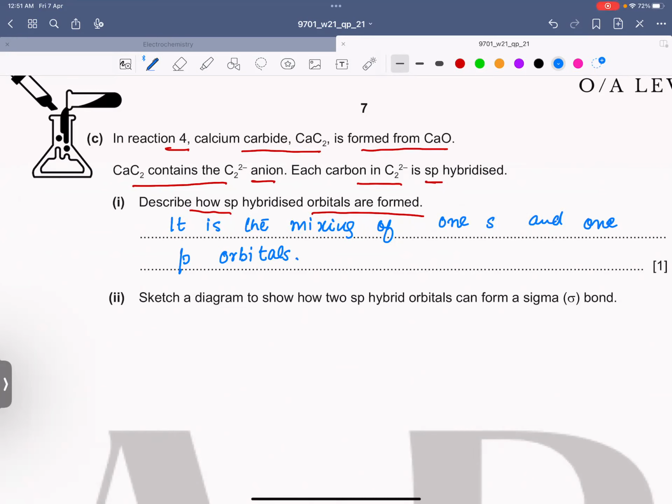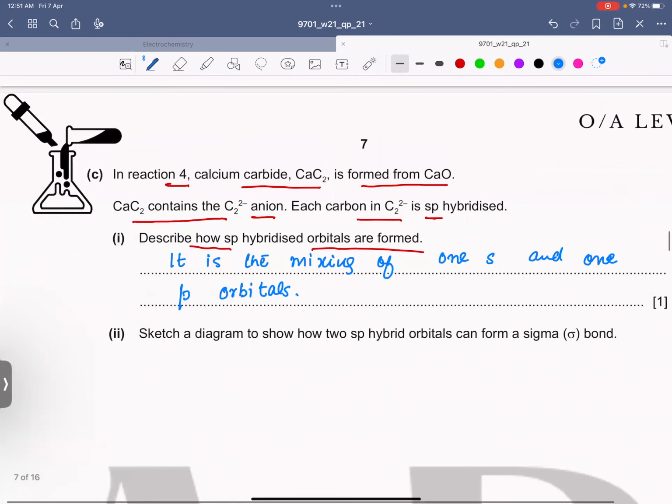When one s and one p mix or hybridize, that is called sp hybridization.